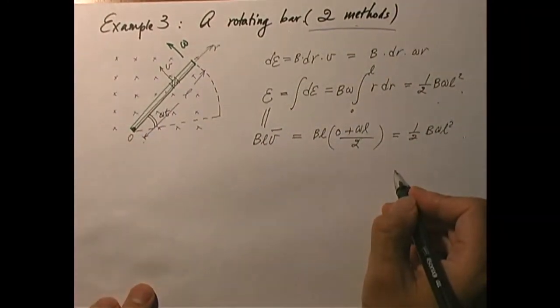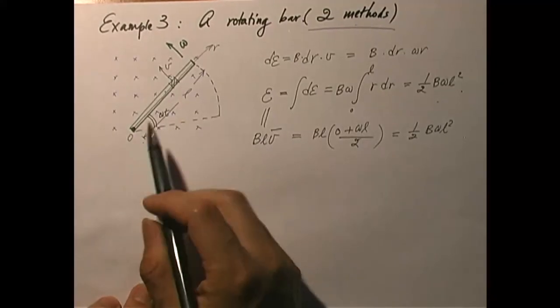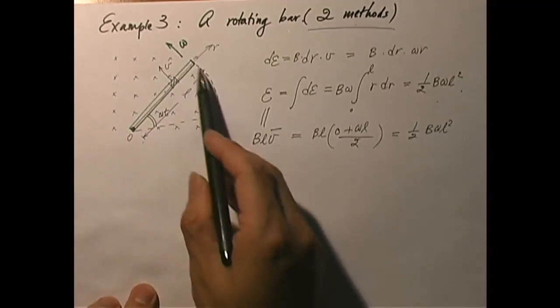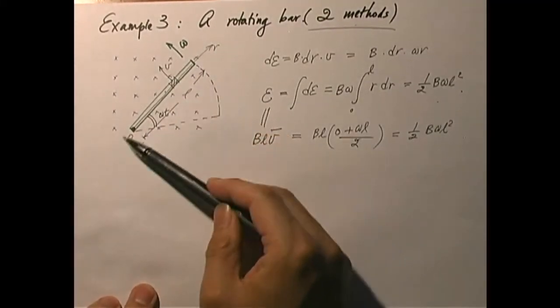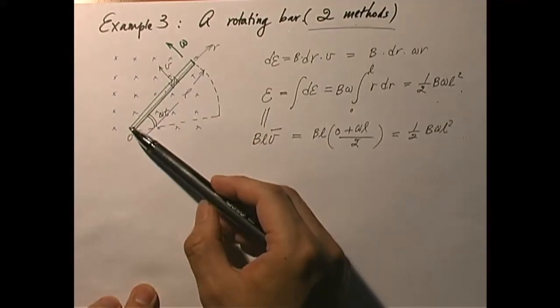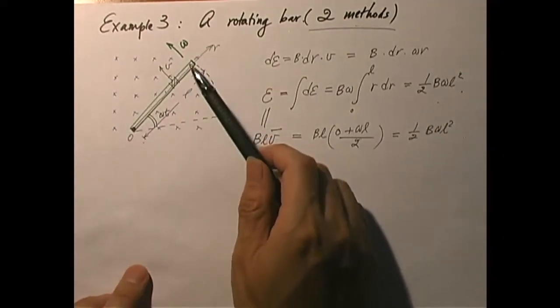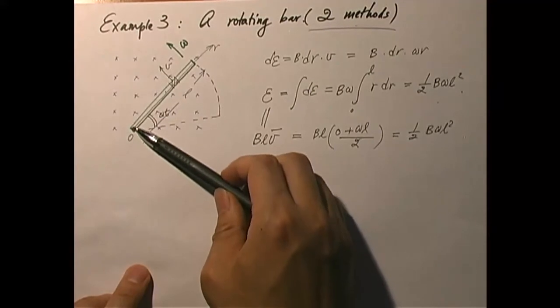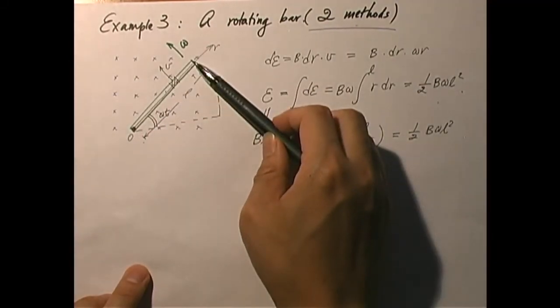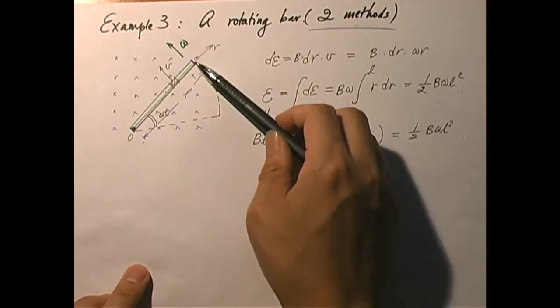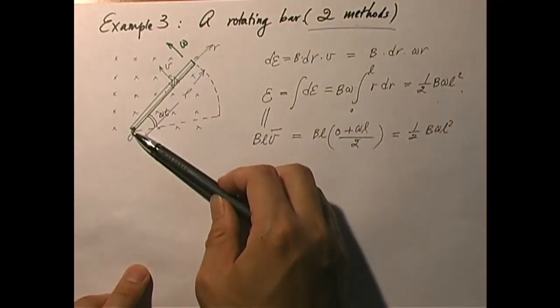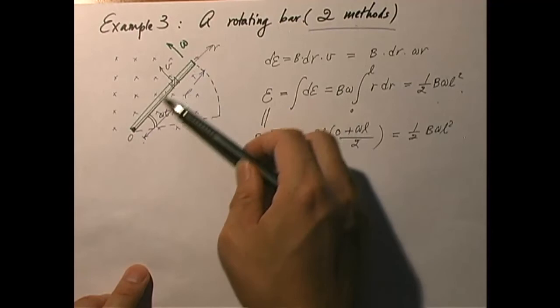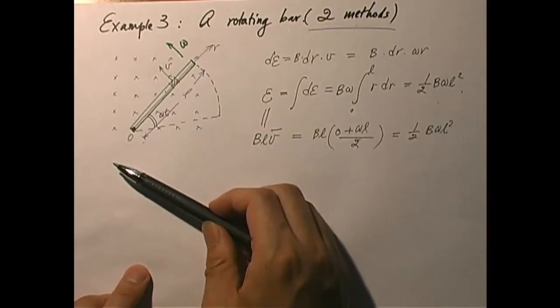Now, this area is made of two imaginary border lines and one actual bar. It doesn't matter whether it's imaginary or real, but what's important is that this bar is the only part of the area that actually moves, that actually shifts. So I don't have to consider here and there. They do not contribute to the EMF. This bar does, because it rotates.